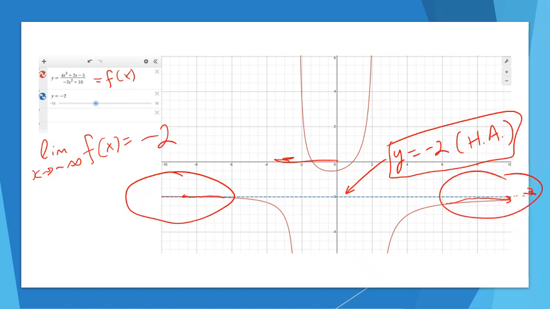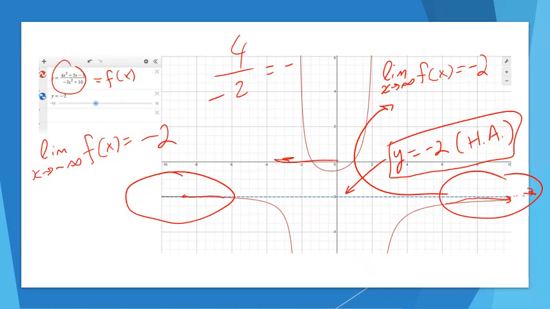Same thing here: the limit as x approaches positive infinity of f of x will equal negative 2. That's because it will always just be a ratio of your coefficients, and that number will be your two limit statements for end behavior, as well as a horizontal asymptote.